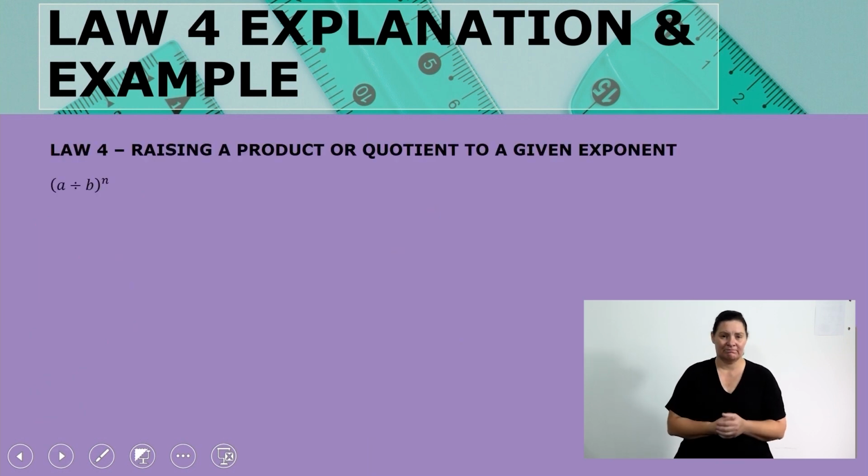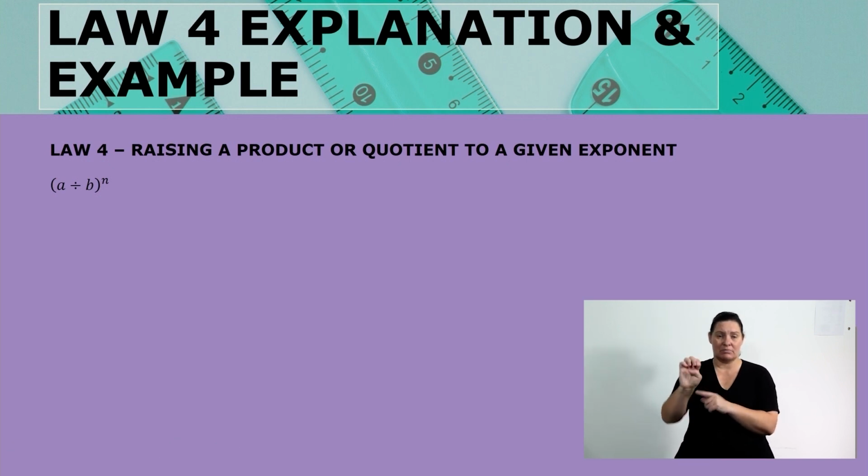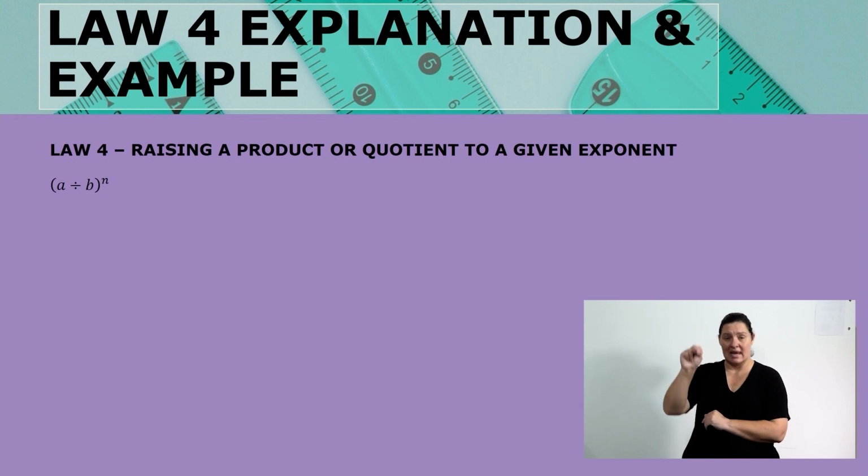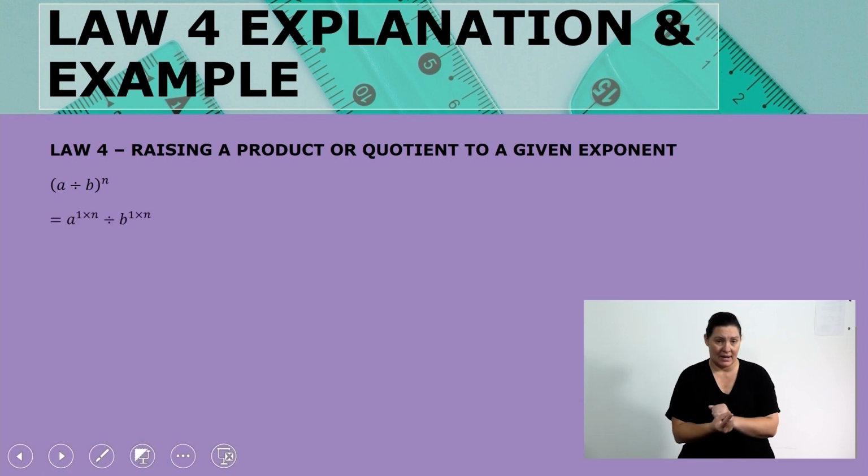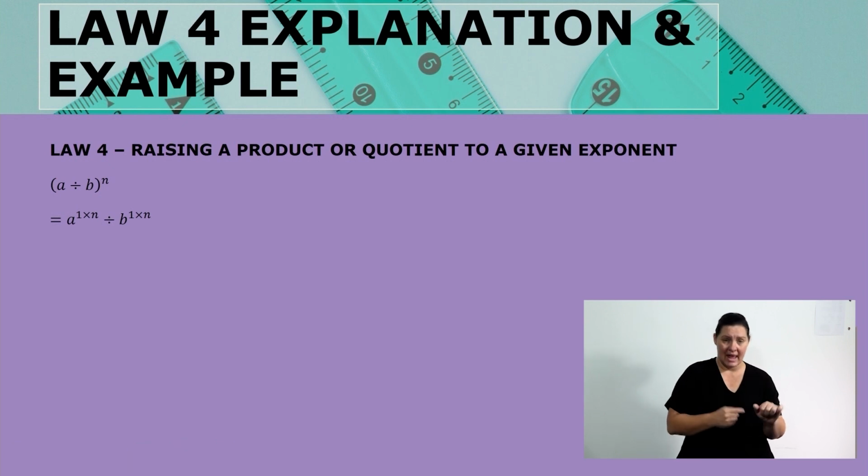Let's move on. So we have been looking at when a product is raised to a given exponent. So now we are going to look at when a quotient is raised to a given exponent. We have a divided by b, and this quotient is raised to the exponent n. What is going to happen is that both a and b are going to get that exponent. So that exponent belongs to the a and it also belongs to the b.